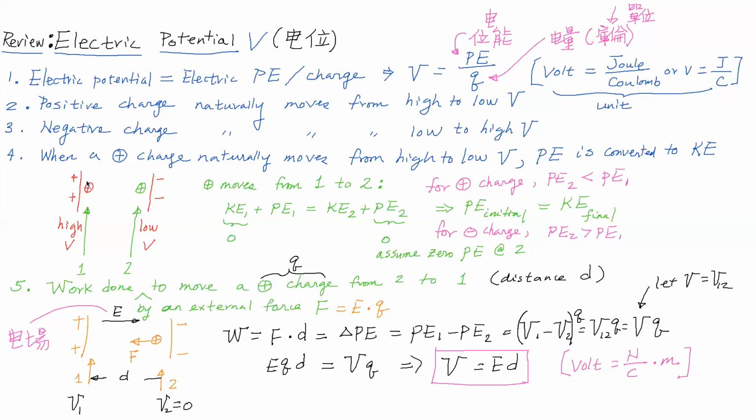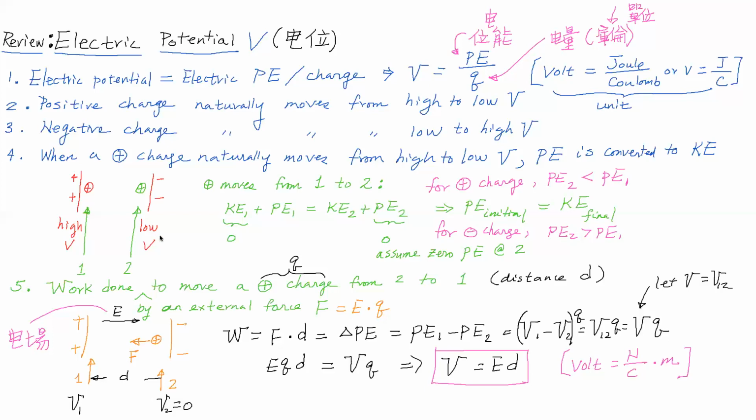So for example, this side here is positive charge. You have positive charge here. So at this position, the potential energy for this positive charge is high. And when it goes to here, the potential energy for this charge is low. So it goes from high to low.